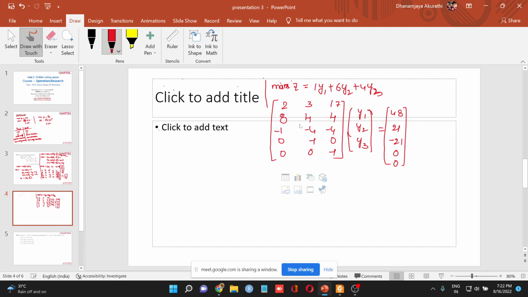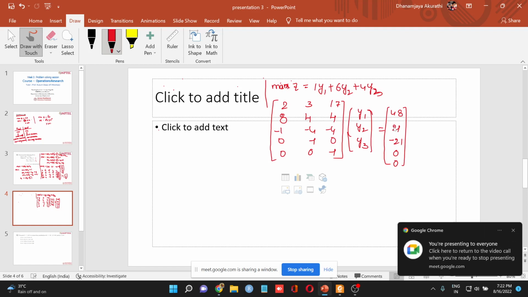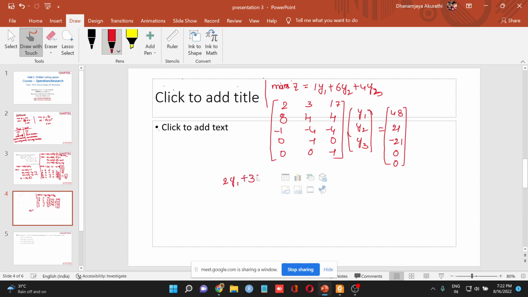The cost coefficients in the primal would be the right hand side constants in the dual. So these we can represent as 2y1 plus 3y2 plus 17y3, that is equal to 48, and 8y1 plus 4y2 plus 4y3, that is equal to 21, and minus y1 minus 4y2 minus 4y3 is equal to minus 21.